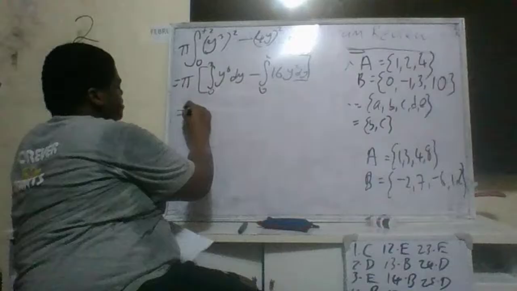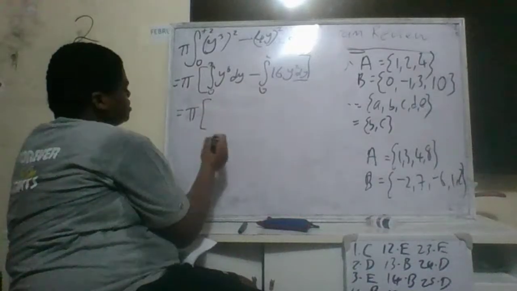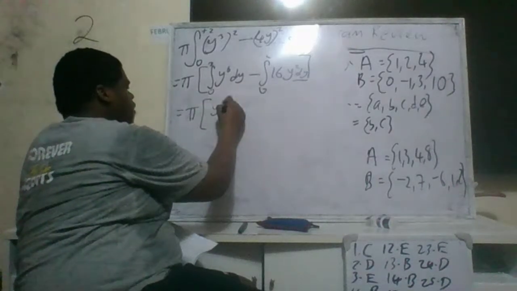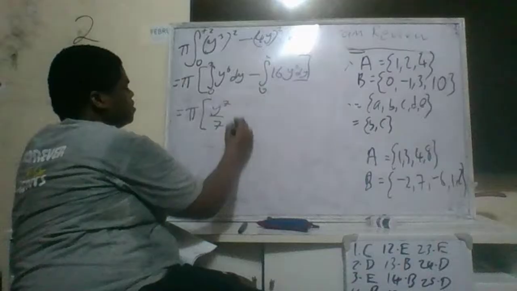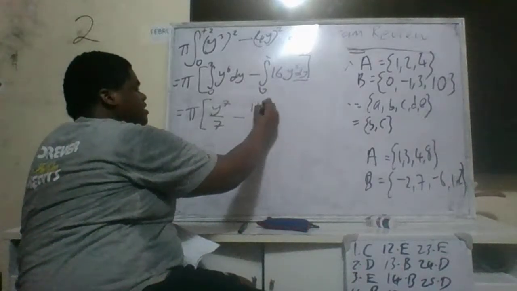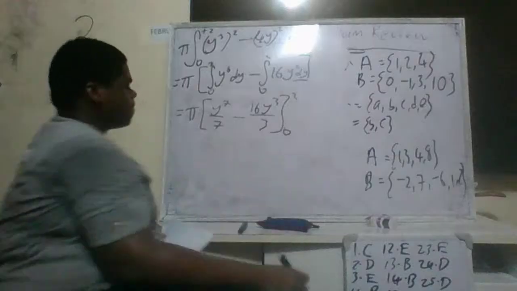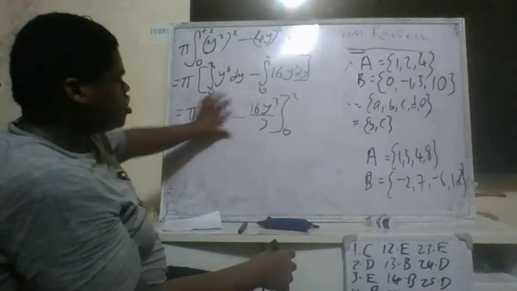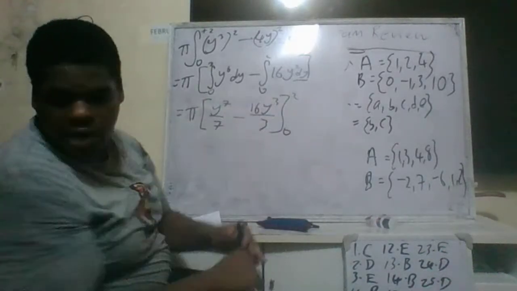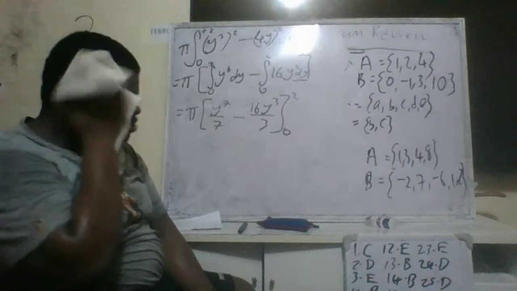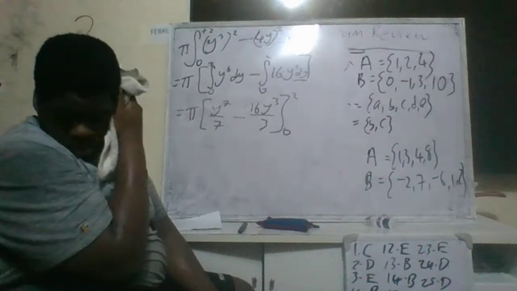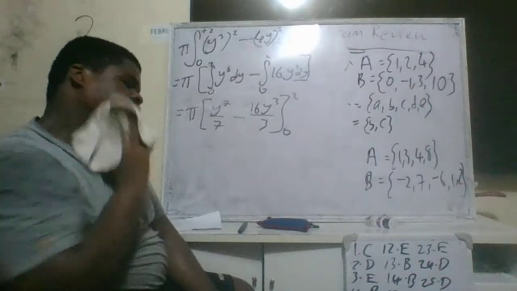This is equal to pi times y to the power of 7 over 7 minus 16y cubed over 3, from 0 to 2. When y is equal to 0, everything will be equal to 0, so you can ignore the lower limit. What we need to find is the upper limit.